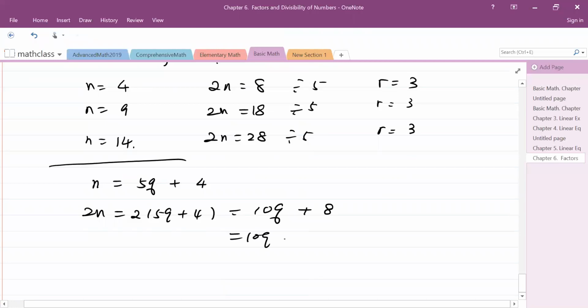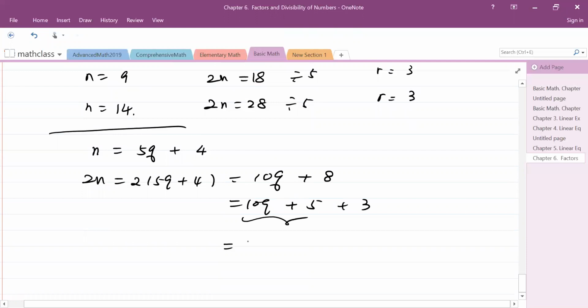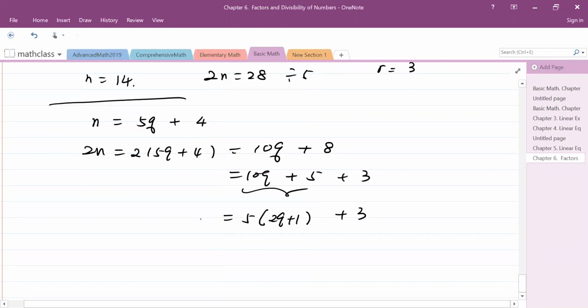So I'm going to write it as 5 plus 3. This part can be combined by taking a 5 out: 5 times 2q plus 1, plus 3. So 2n is written as 5 times something plus 3.